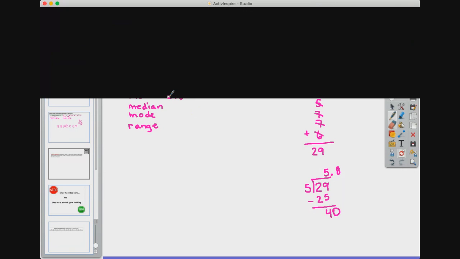And then we're going to look for the median. So what we're going to do is write out how much money she spent. And we got 6 in there and then 2 sevens.